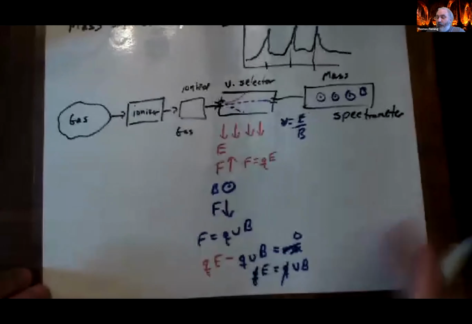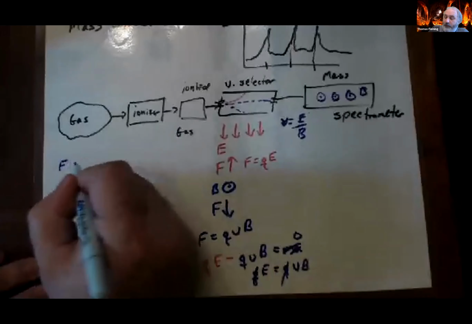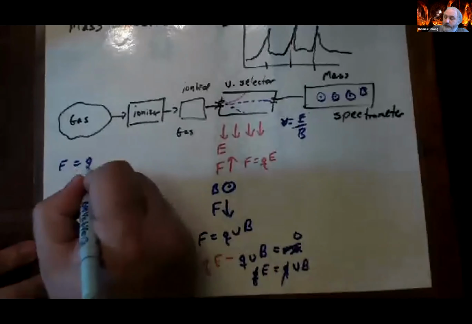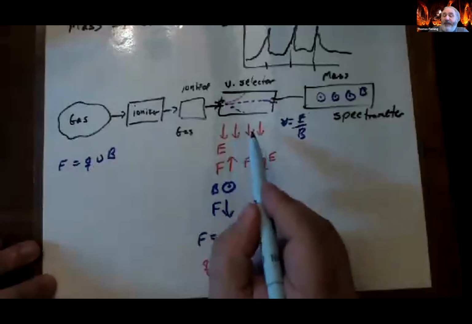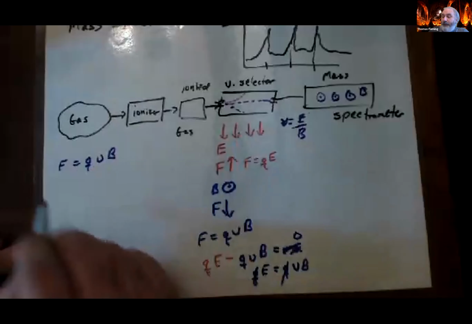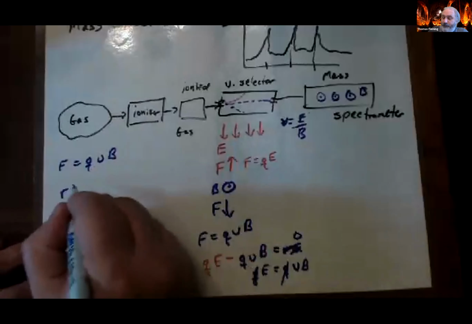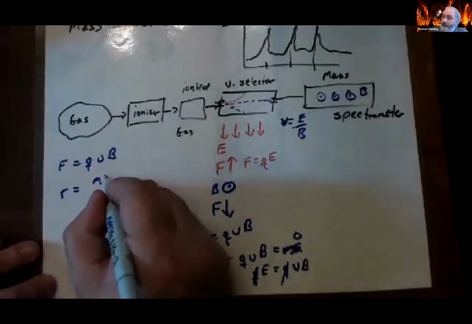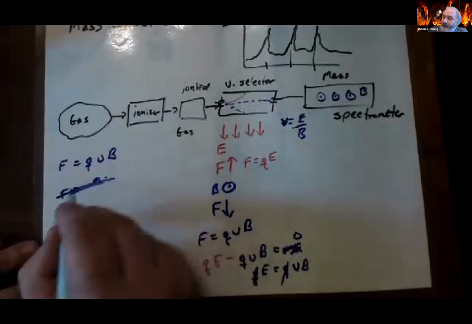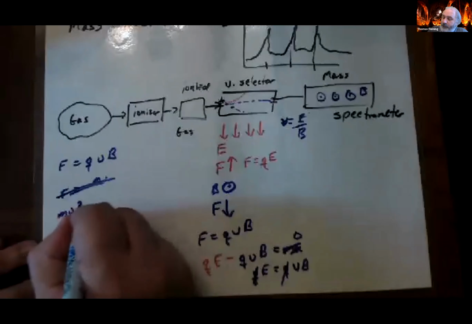And how much force are they going to feel? Well, QVB. But now, since they don't have the electric field canceling it out, they go through cyclotron motion, and they will travel... MV squared over R.